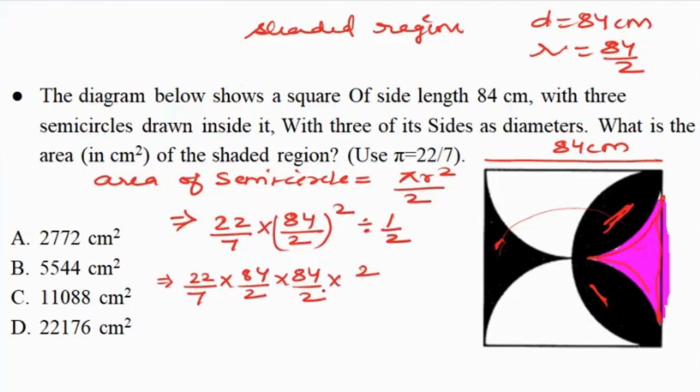This 2 and this 2 we can cut. From this 7 it will be cut by 12 times, and then this we can cut 42 times. Now when we multiply everything, we get 2772 centimeter square. This will be the first option, and the first option is going to be our answer.